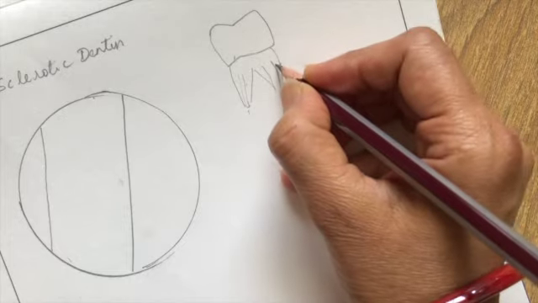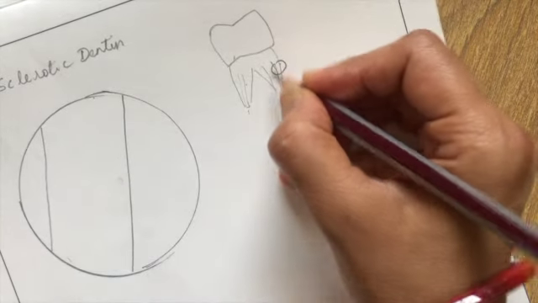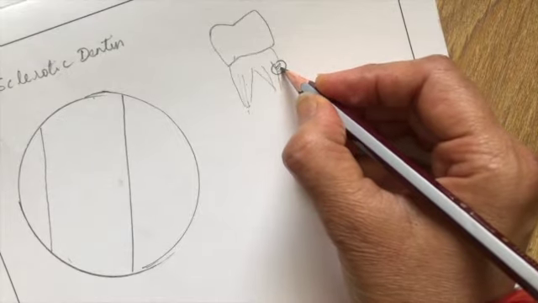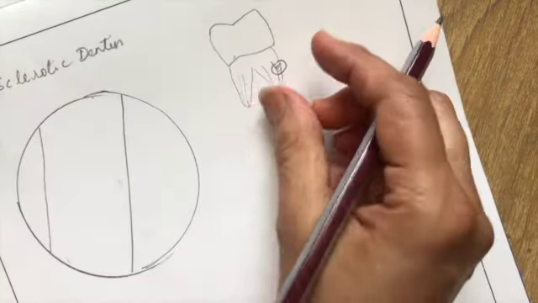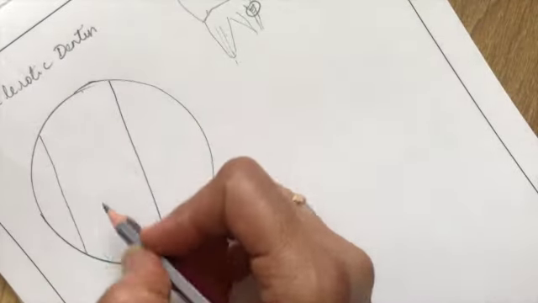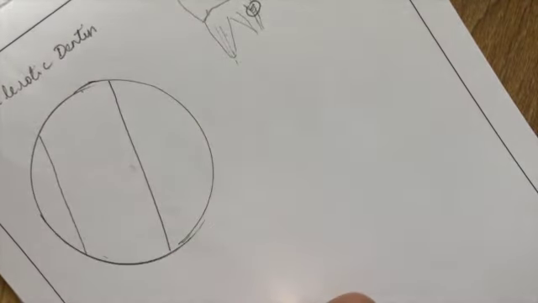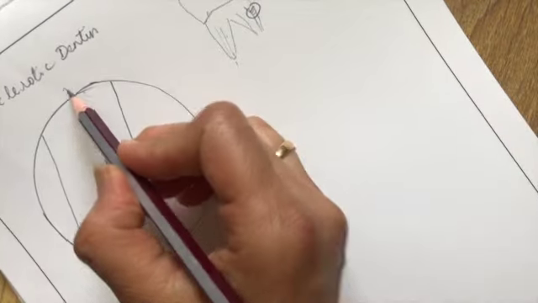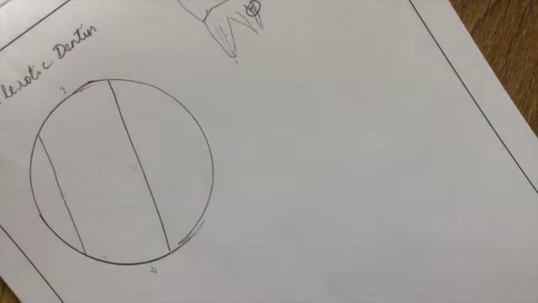So imagine if I have taken this portion of the root to draw, you will be seeing dentinal tubules running like this, right? This is the root area, and that will be the crown area. The above will be the crown. This portion is crown and this portion is the root side of this section of tooth.